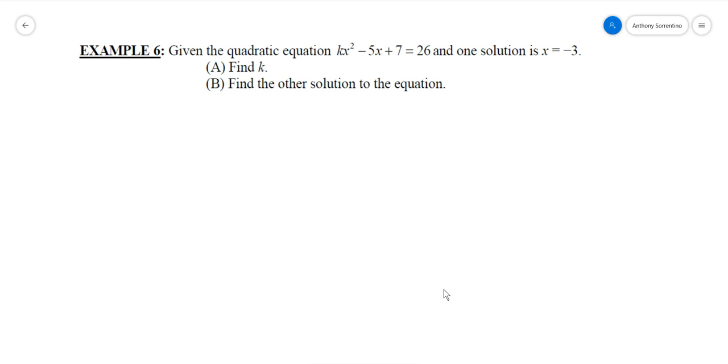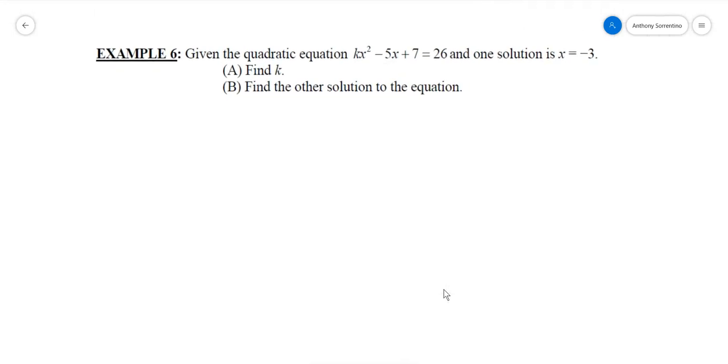In both cases, I'm just going to handle this. Knowing that this is a solution means that if I put negative 3 in for the x's on the left-hand side of the equation, it should make the equation true. What that's going to do is give me another equation. So for A, based on the information I'm given, k times negative 3 squared minus 5 times negative 3 plus 7 should equal 26.